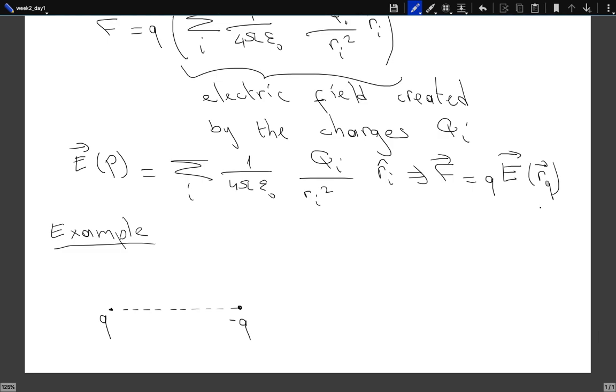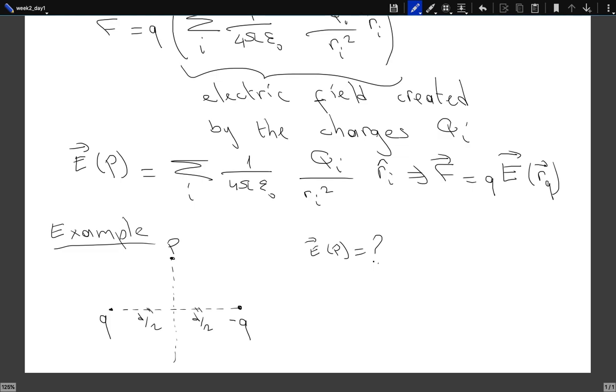Now let's come to this example. Let us try to calculate the electric field somewhere along this line, in the middle. So let's say this distance is d over 2. And I want to calculate the electric field at this point, let's say P. Well, I have two charges.